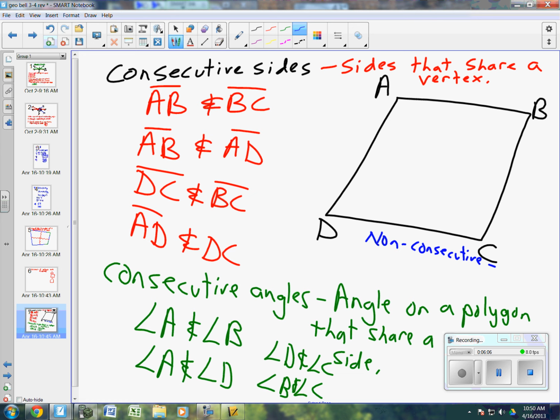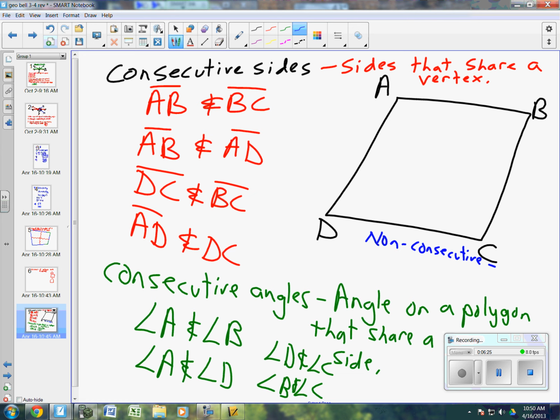Say that again. No. The side. Is AC a side? AC is not a side, is it? Okay, what's a side? Name one side. AB. AB is a side. Which one's not next to it? BC.